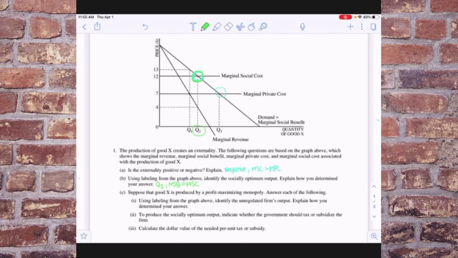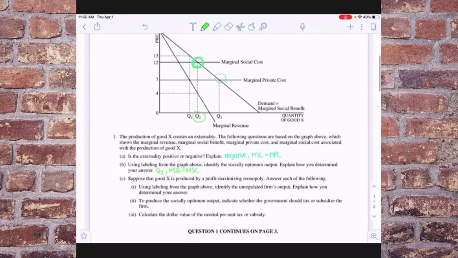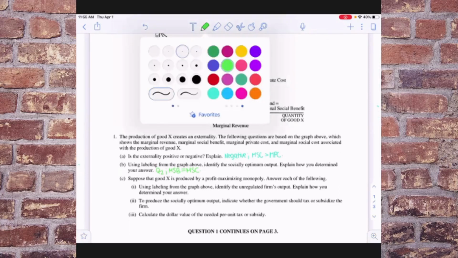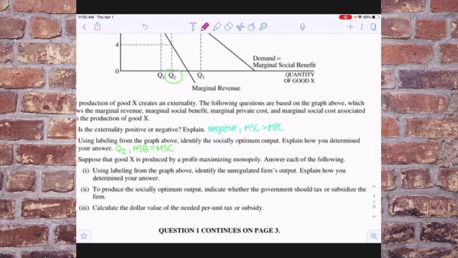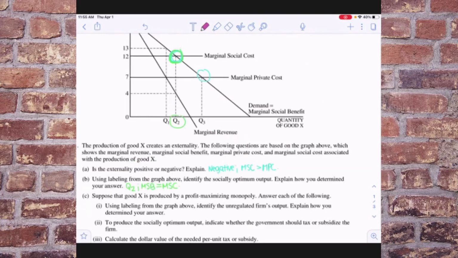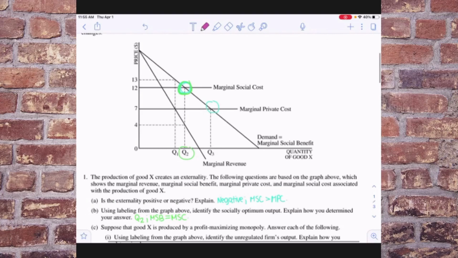Now we get to part C. It says, suppose the good is produced by a profit maximizing monopolist. Answer each of the following. Using the label from the graph, identify the unregulated output. Explain how you determined your answer. Okay, so we have to go back to how we used to do things with the monopoly, right? We went to where marginal cost is equal to marginal revenue, and that gave us our output.